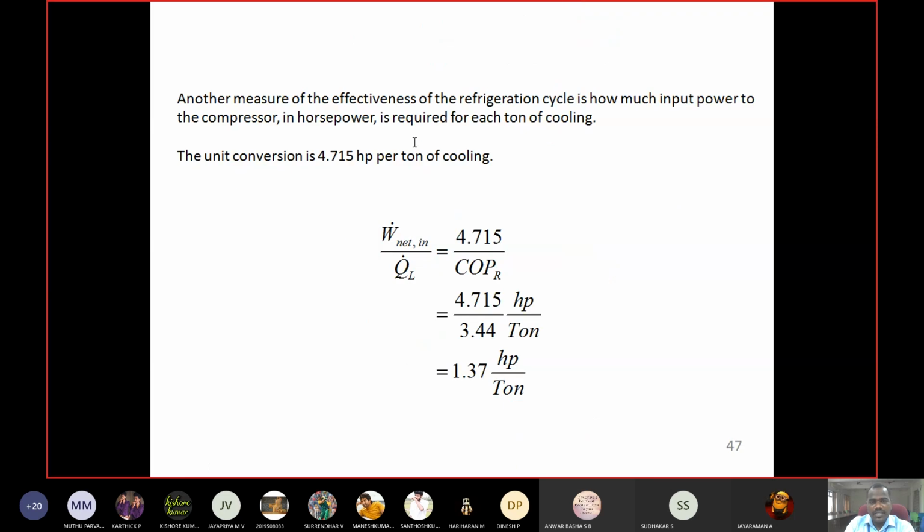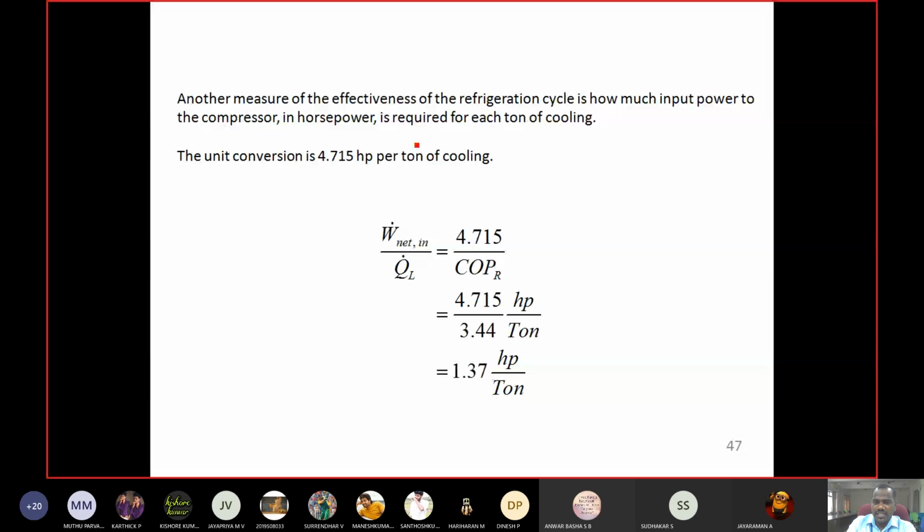So another measure of the effectiveness of the refrigeration cycle is how much input power to the compressor in horsepower is required for each ton of cooling. Also possible, the unit conversion is 4.715 HP in terms of cooling. So we can convert tons of cooling into horsepower, but we don't need that.